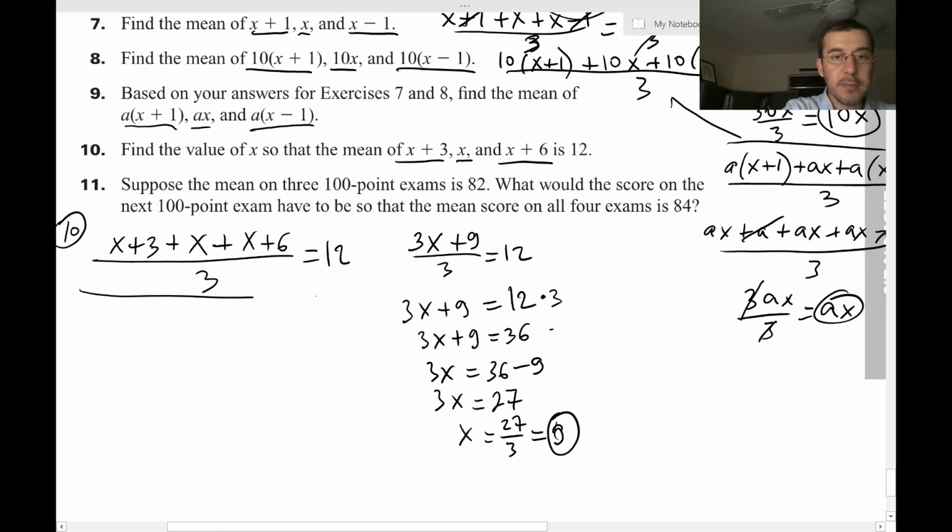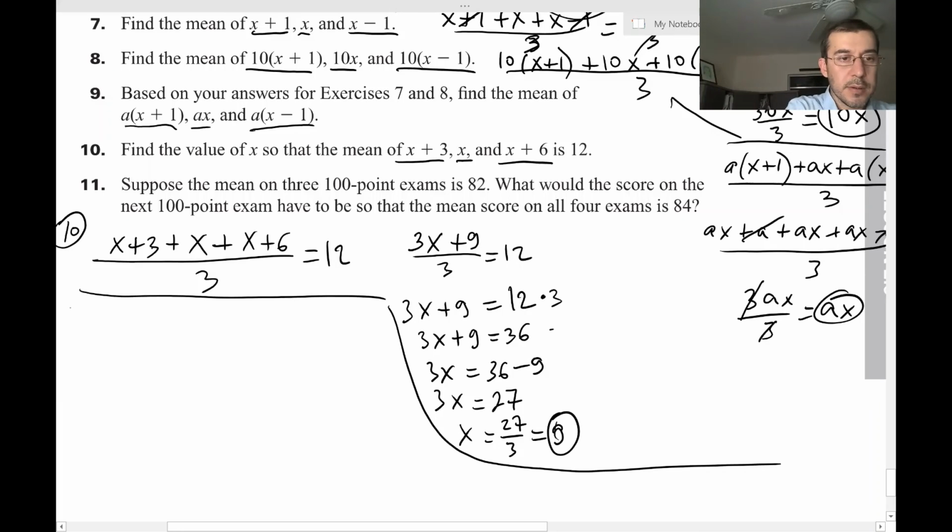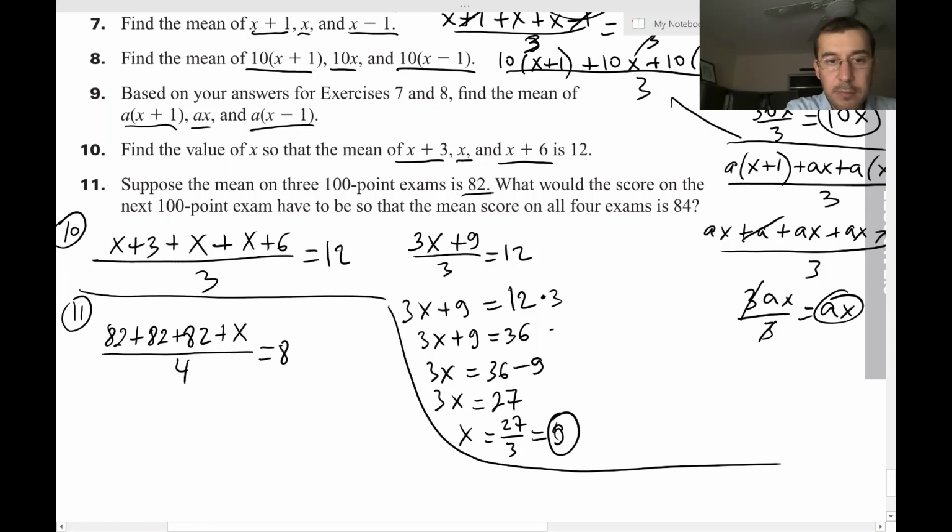And number 11. Suppose the mean on 3 100-point exams is 82. What would the score on the next 100-point exam have to be so that the mean score on all 4 exams is 84? Okay, so we have 3 exams and the mean is 82 on the first 3. Now, what should the 4th one be so that the mean for the 4 is 84?